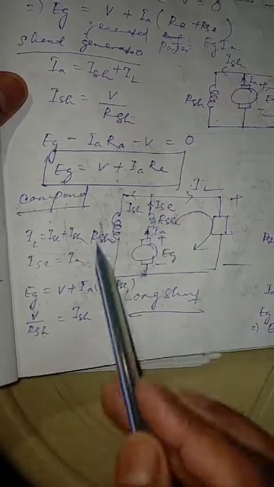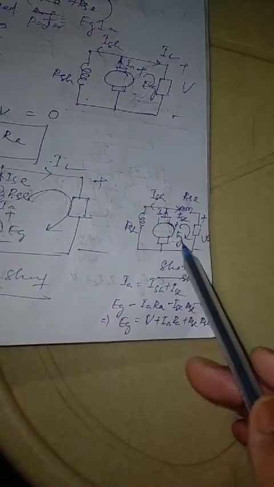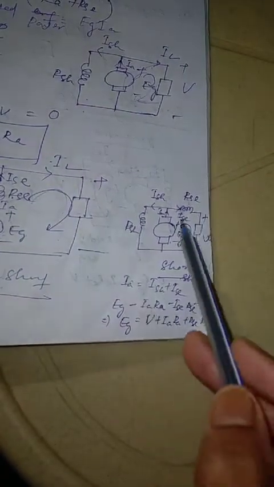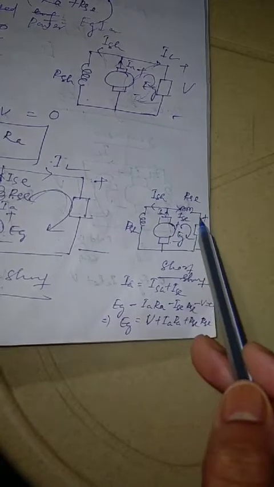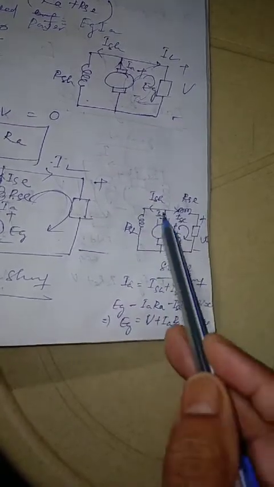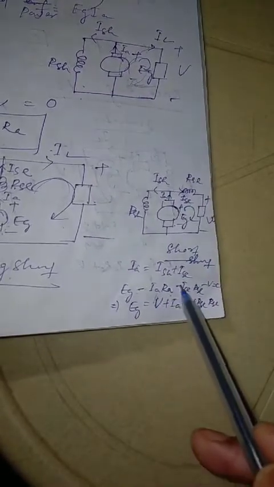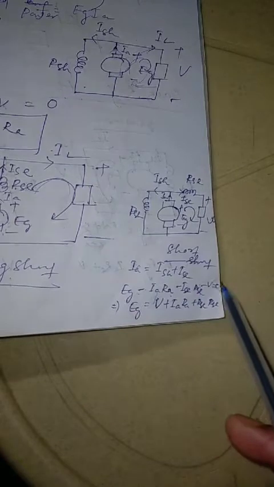Okay, so once you can draw this diagram, these expressions you can get automatically. Similarly, suppose I want to find out the value of IA here. IAC equals IL plus ISH, because this current equals this plus this. So EG minus IARA minus IAC RAC minus V equals 0.